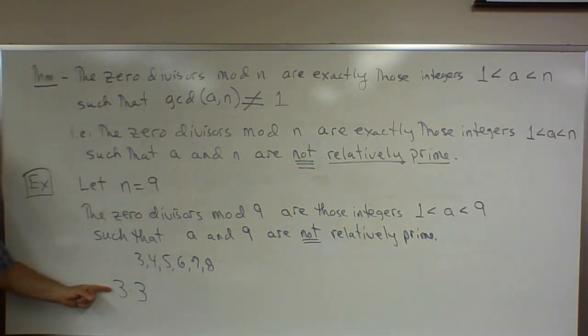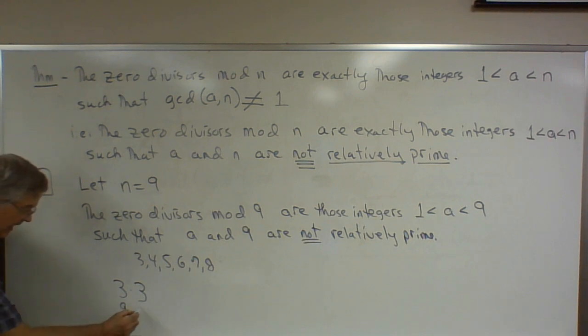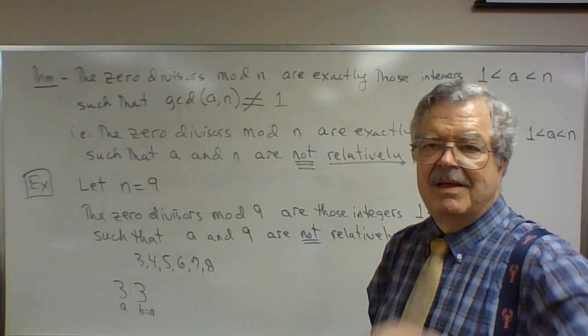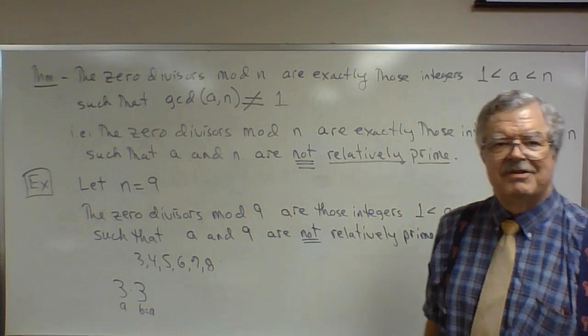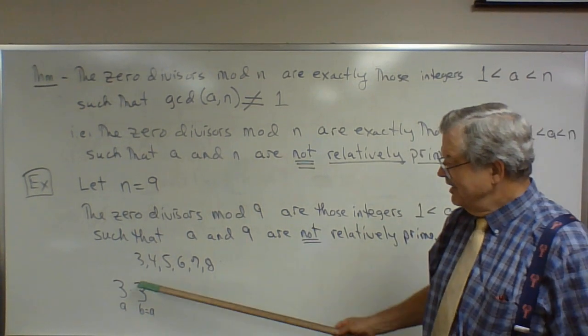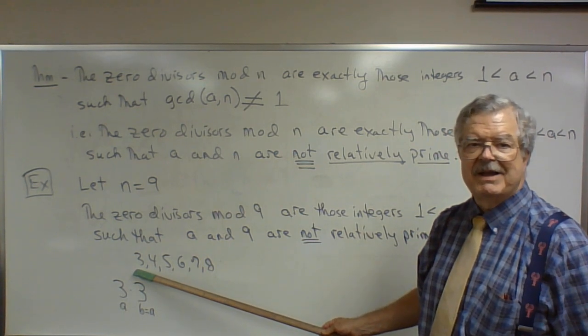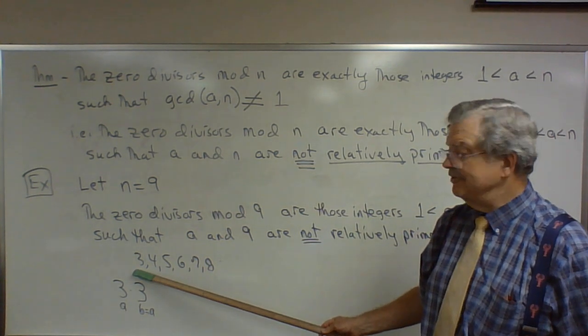3 times 3 is equal to 9, which is congruent to 0. Remember we said a little bit earlier that the B that we multiply A by to get 0 mod n may actually be A itself. This is one of those cases. Here's A, and here is B, which turns out to be A. 3 is not relatively prime with respect to 9, so it is a zero divisor.